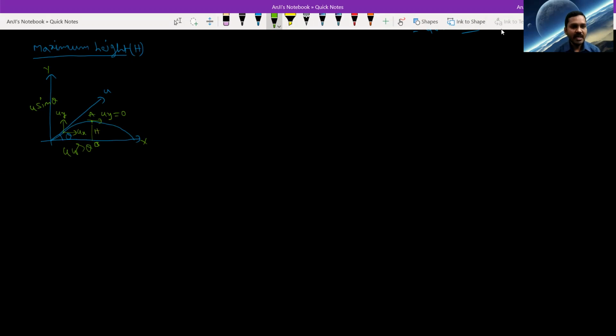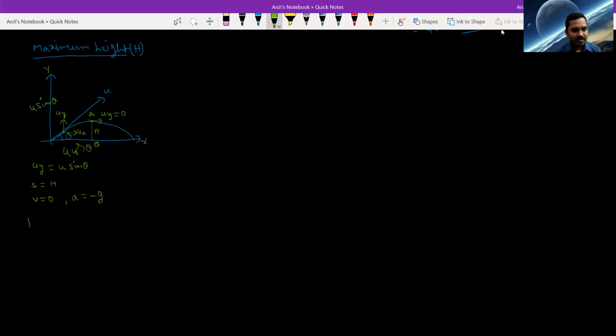Now, to calculate the maximum height h formula, I am writing the given data here. The initial velocity along y direction is u sin theta, and displacement s is equal to h. The final velocity at maximum height, v is equal to 0, or vy is equal to 0. Then I am using v square minus u square is equal to 2as, but here acceleration a is equal to minus g.